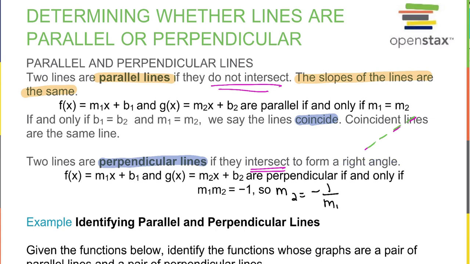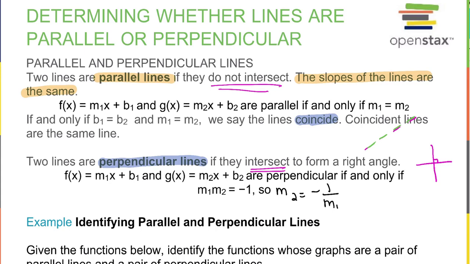So it's basically the intersection of a horizontal and a vertical line. Although you can have two slanted lines intersect and also form a perpendicular line as long as they have a right angle formed when they intersect.